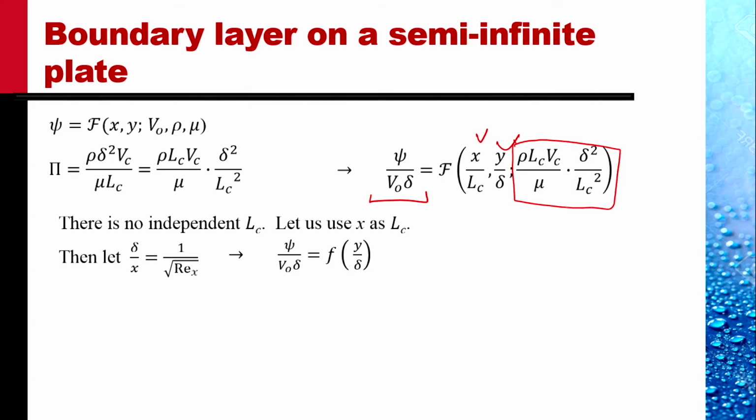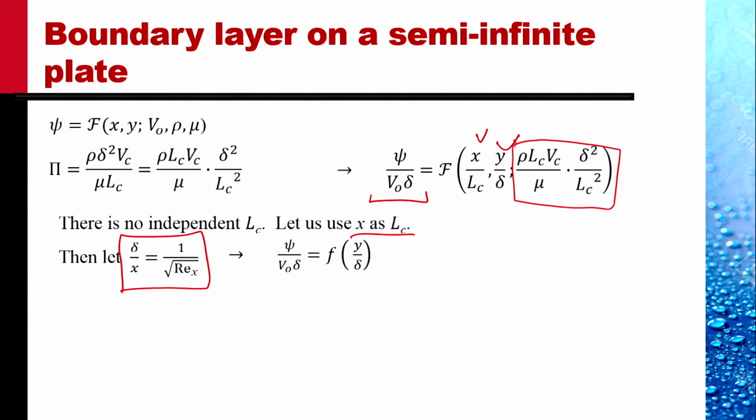There is no independent Lc, and we don't know delta. Let us use x, the local x location, as Lc. Then delta by x is like 1 over square root of Reynolds number based on x. This gives you an estimate of the boundary layer thickness as a function of Reynolds number and x.